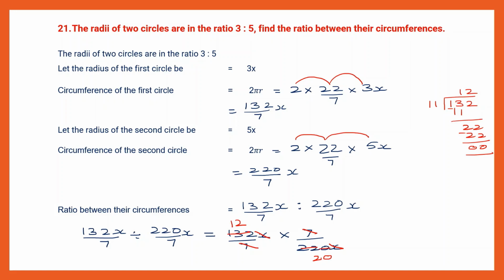Now this can be divided again, isn't it, by another common factor and that is 4. 4 threes are 12 and 4 fives are 20. So what do we have here? 3 by 5, which we can write as a ratio 3:5. So we have got our final ratio in the form 3:5.